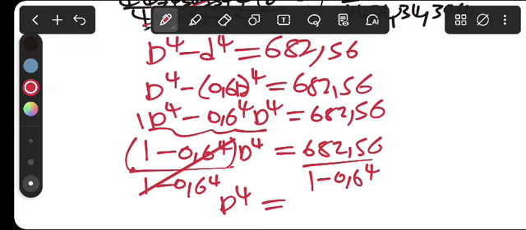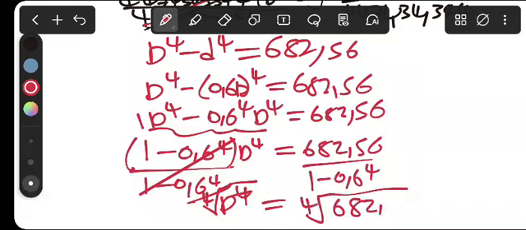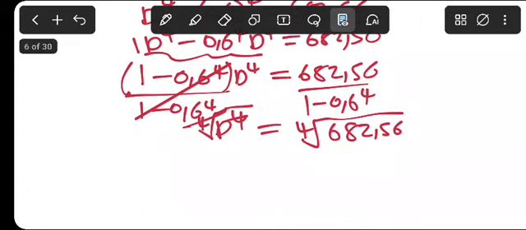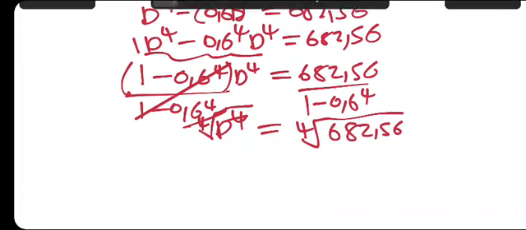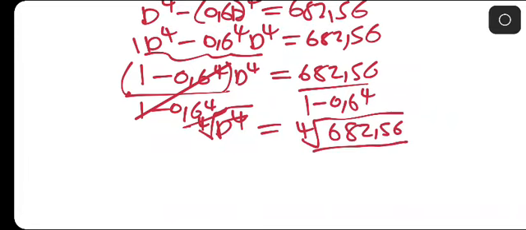Then let me just take the fourth root there. This and this will cancel. At the same time, punch this on my calculator once and for all. Put it all on the calculator.